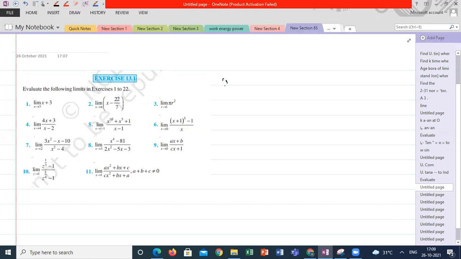What is the first one's answer? Straight away you can substitute the limit. Six. Limit x tends to... x plus 3, 6.